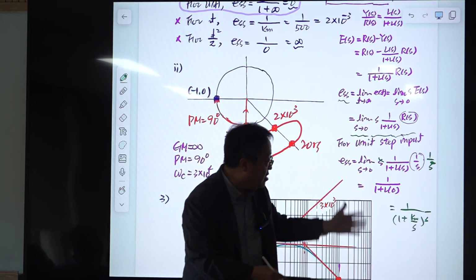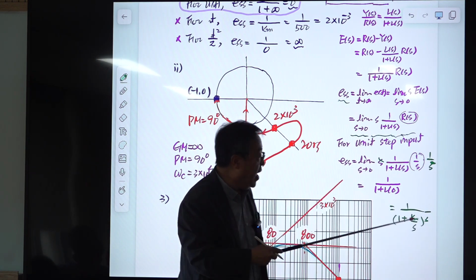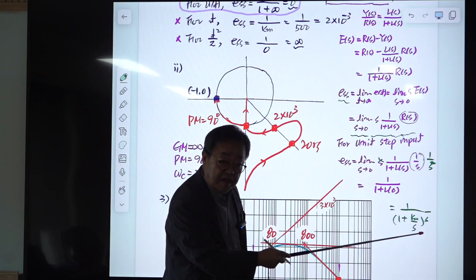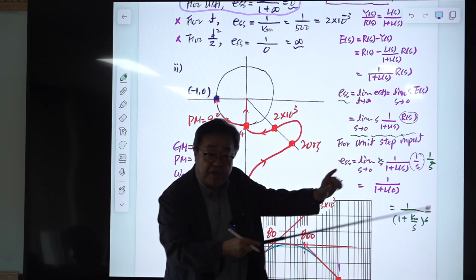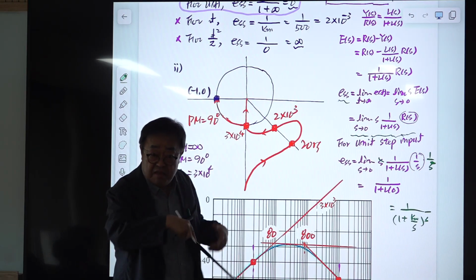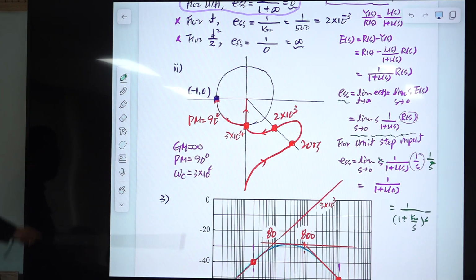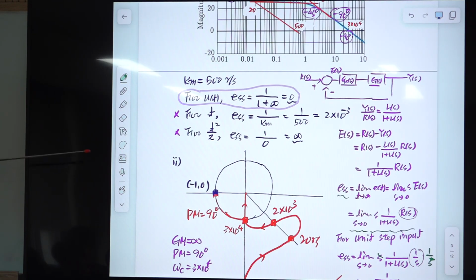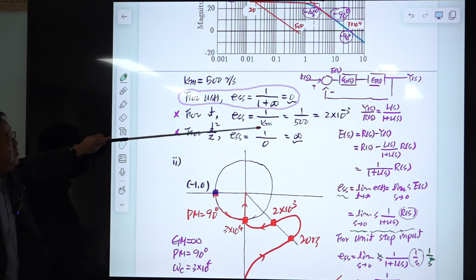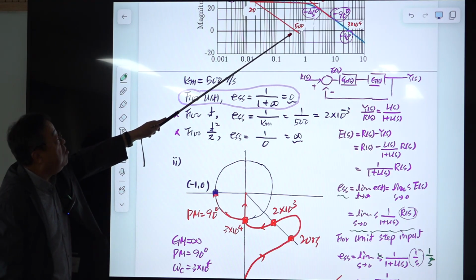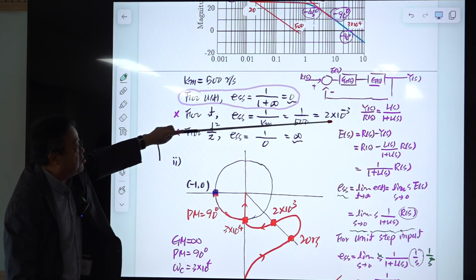It goes inside of this parenthesis. The remaining is Km, all right? And all the other terms become unity. They go away, okay? So the answer is, for the ramp unit, it is this one. Km is this number, the integrator gain.